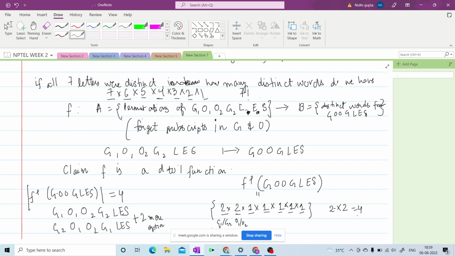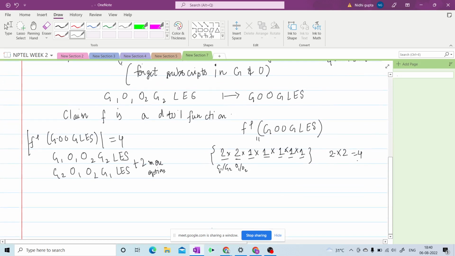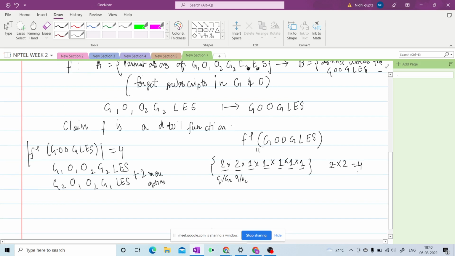So is this fine? Why D is 4? And this will be the same for every word formed from goggles. Do you agree? Yeah. So we see that F is a 4 to 1 function.